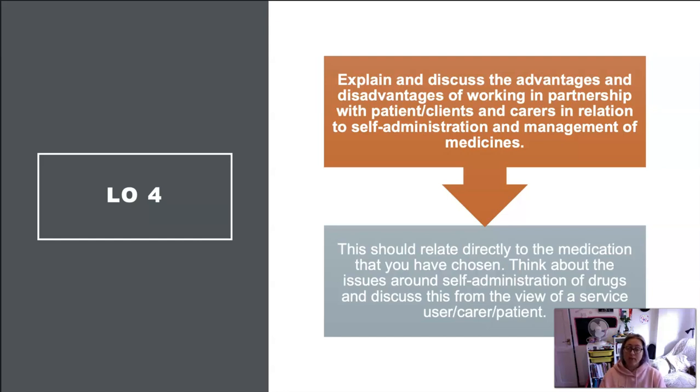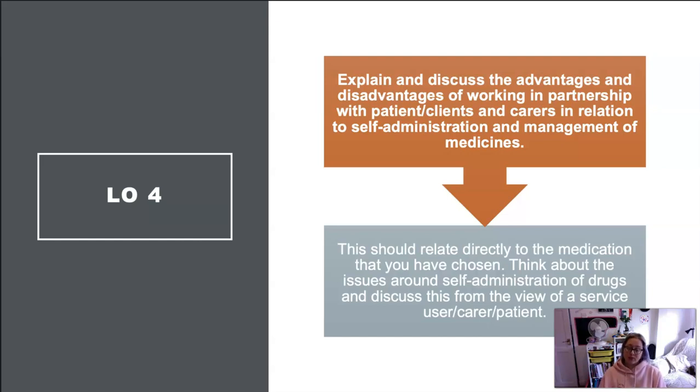That's absolutely fine, but think about what self-administration of medication is, and why a patient or service user couldn't administer this medication themselves. What has to underpin self-administration of medication, and why can't they do it?